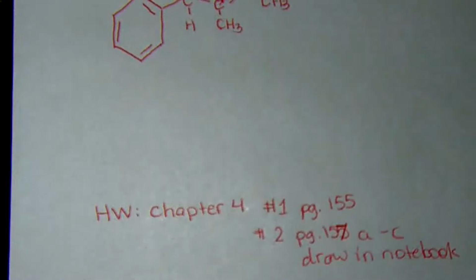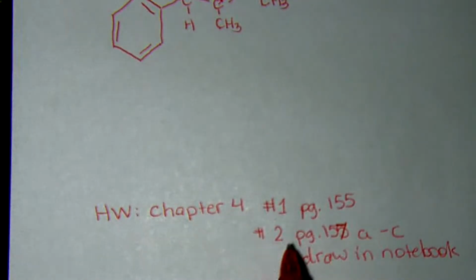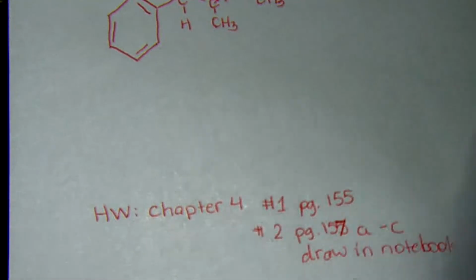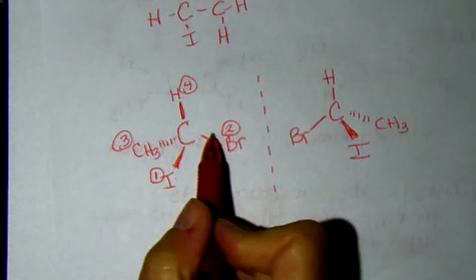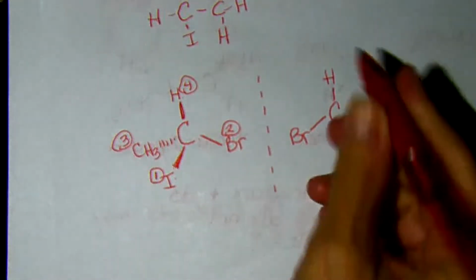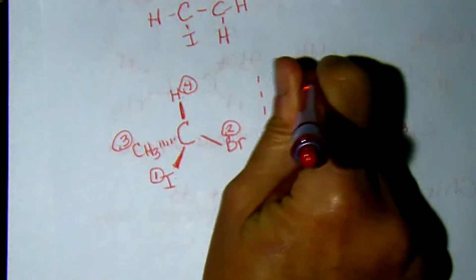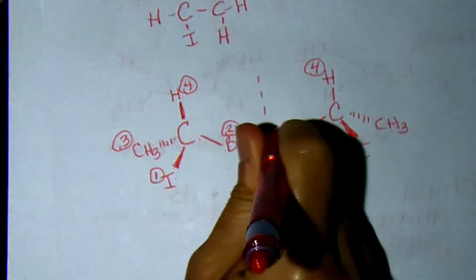So for the molecules that you draw in number 2, you want to look for the chiral carbon and look at what's attached and assign priority. Number 1 is the highest all the way to number 4, and go ahead and label them 1 to 4 on your drawing. And then once we draw the mirror image, we can number the mirror image the same way.